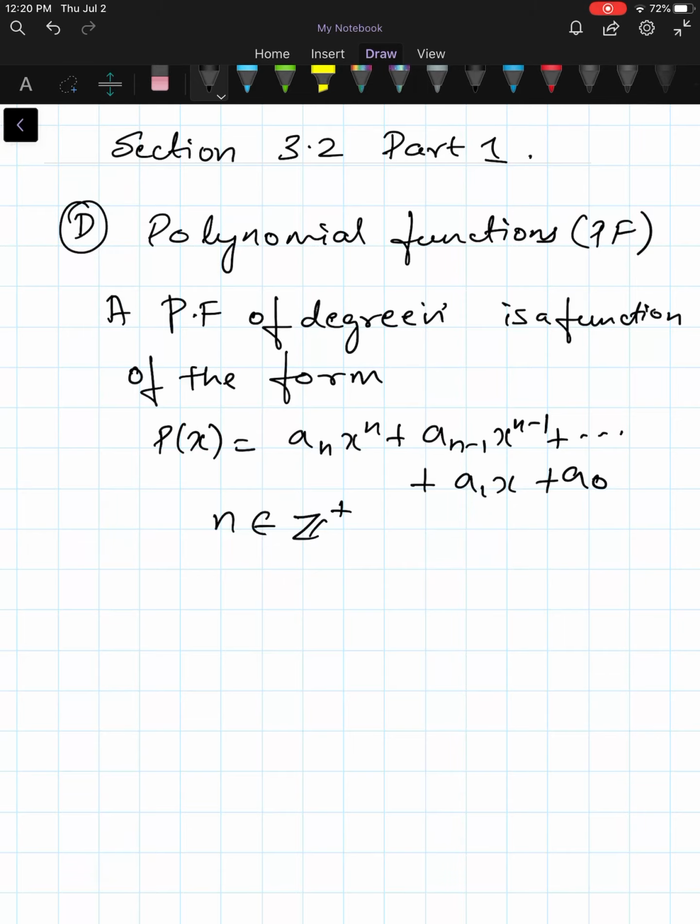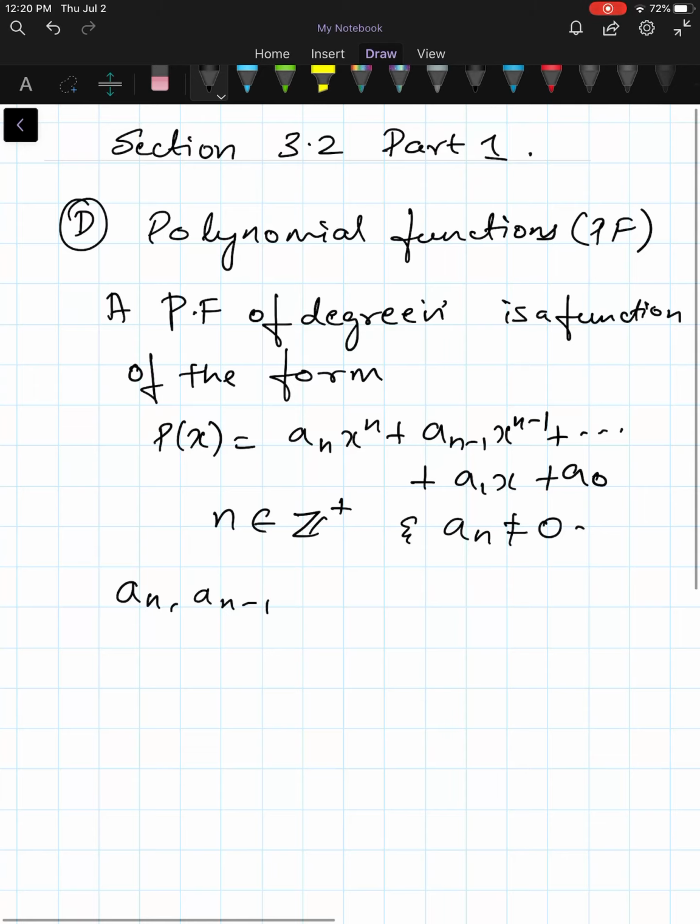That means it can be 0 or greater than 0, and a_n is not equal to 0. So the degree of the polynomial function is said to be n.